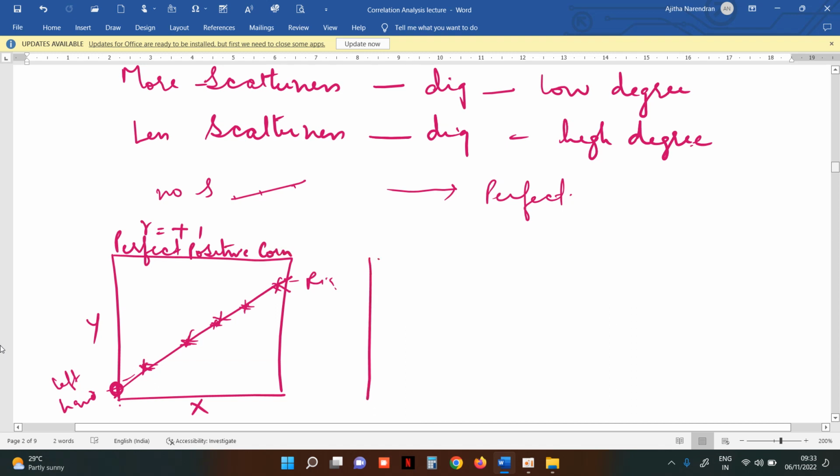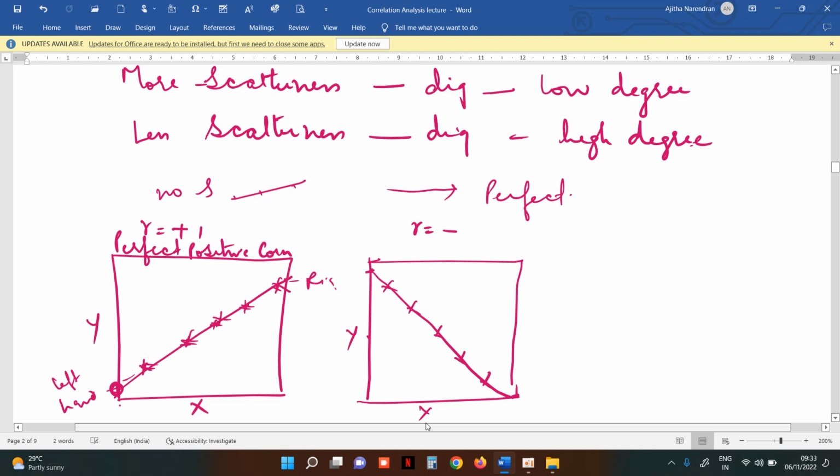The next one is x and y, just the opposite of the first one, which is known as perfect negative. When all the values fall moving from the upper left hand corner to the lower right hand corner, it is known as r equals minus 1.